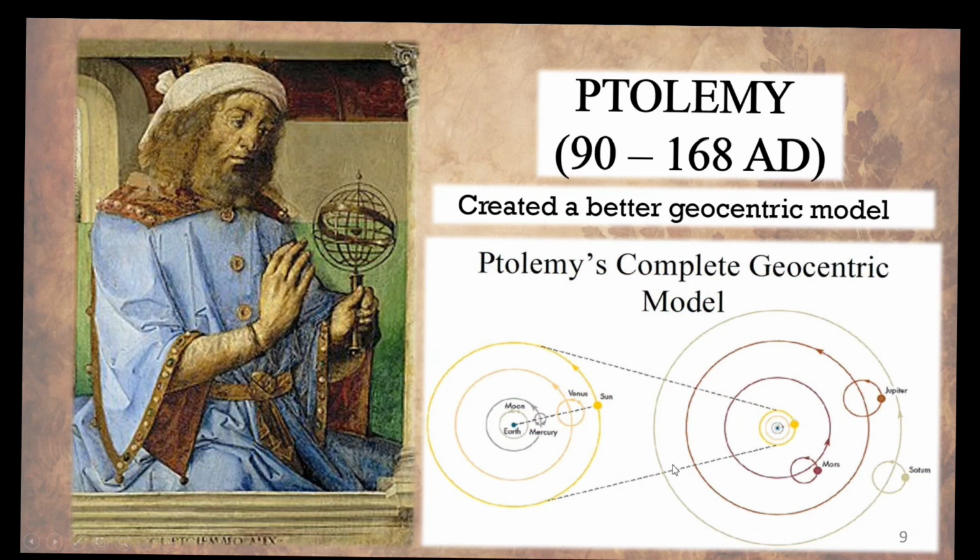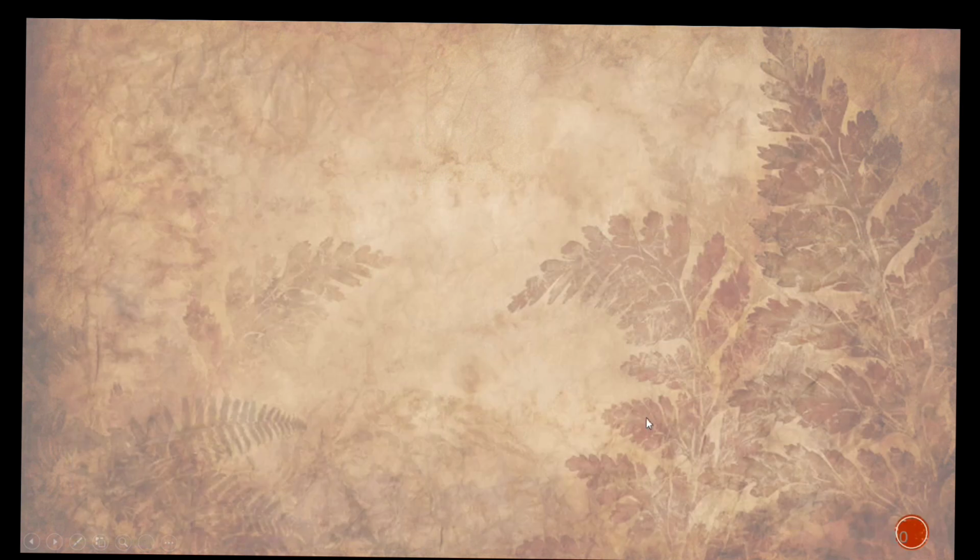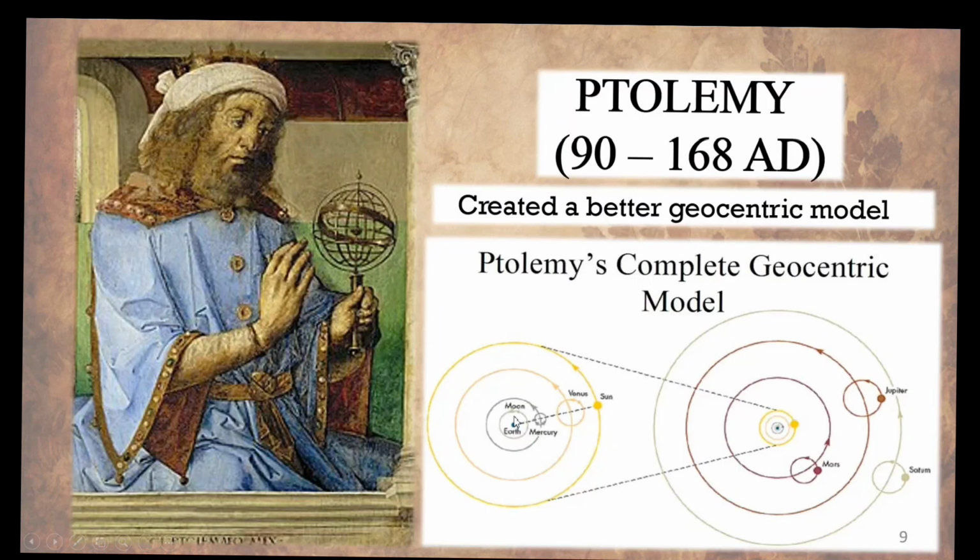If you can see, this is the bigger one, the bigger set of circles here on the right. In this portion, the yellow, we have the Earth, and then the Moon, then Mercury, Venus, and the Sun.